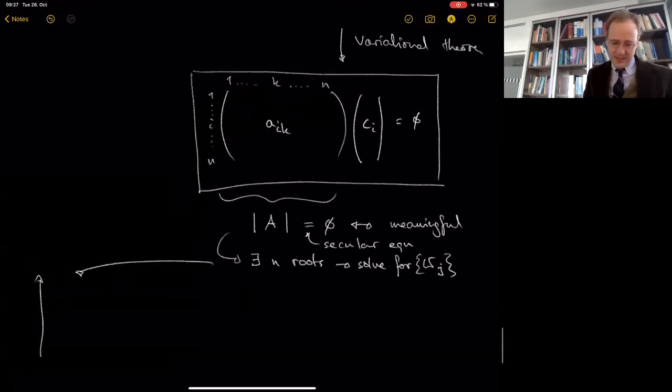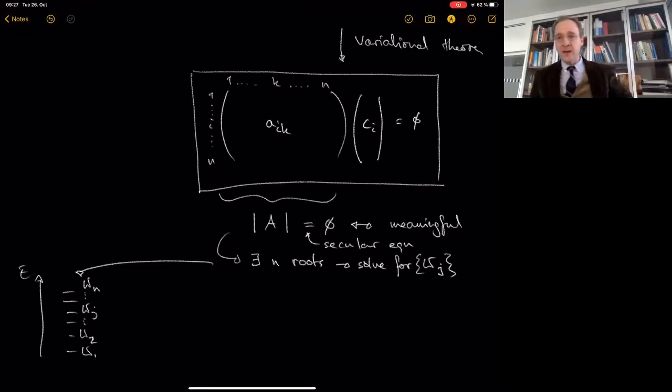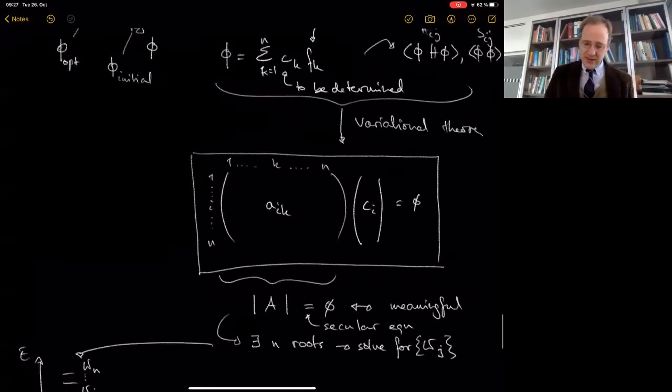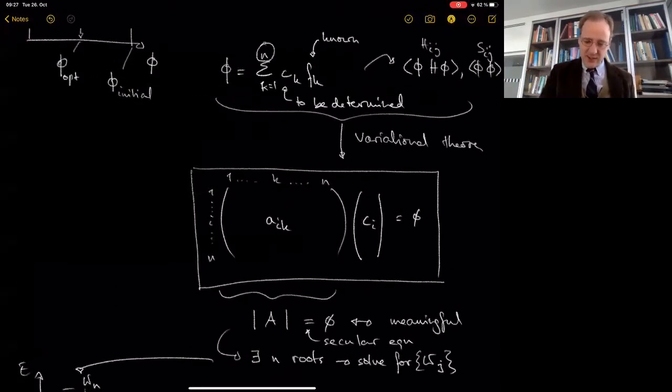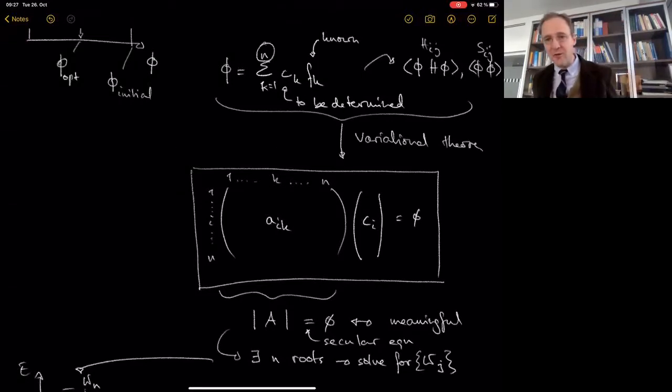Here's your energy, and here are your different W's, W1, W2, up to Wj, up to Wn. And once you reach Wn, you reach the finiteness. Remember, n is the number of basis functions you're using. So you have hit the limit of the number of functions at your disposal. You can't go further, right?